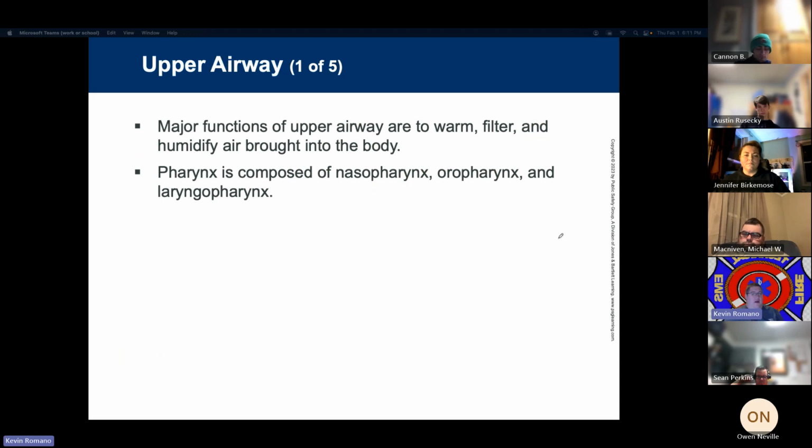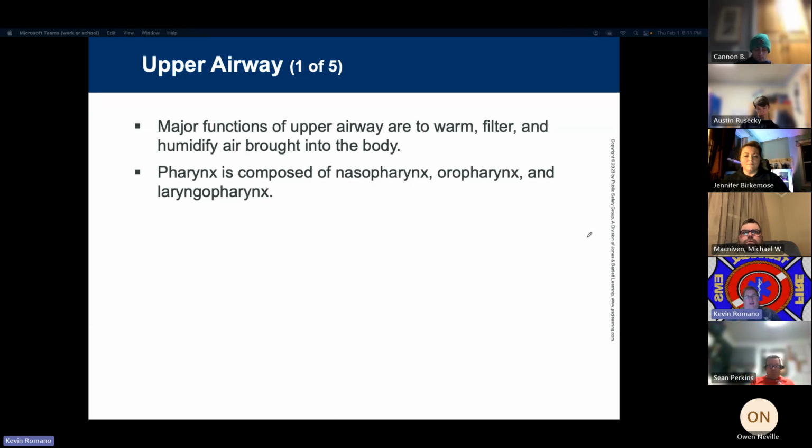So the upper airway, the major function of the upper airway, is to warm, filter, and humidify, right, air brought into the body. I'm trying to show you a little bit more on the next slide for this, the cilia and whatnot, and the nares. But the major function of the upper airway is to warm, filter, and humidify.